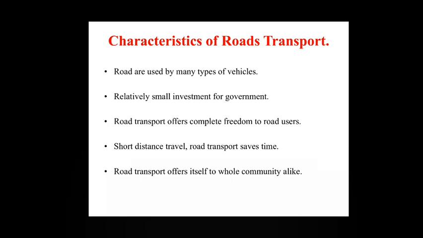Also, road transport offers complete freedom to the road users to move the vehicle from one lane to another lane or from one road to another road according to their need or convenience. For example, if a person wants to move from one location to another, he can move by his car or bike by his own will. But if he is traveling by railway, boat or aeroplane, he can reach only a basic destination, not by his own will or convenience.